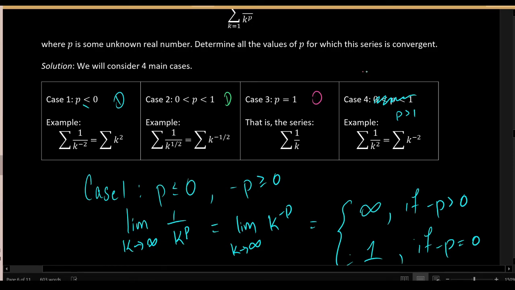So finally, let's investigate case number 4. I had a typo originally, but this is the case where the power p is strictly larger than 1. As an example, we would have something like 1 over k squared, which is equal to k to the minus 2.